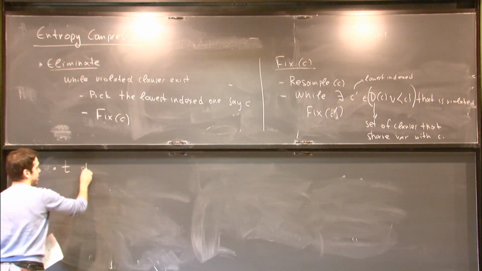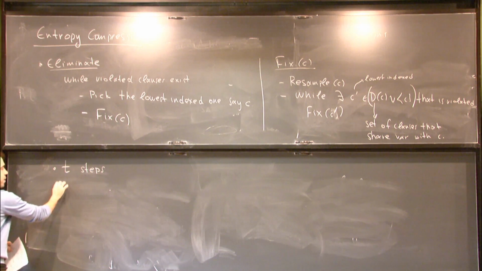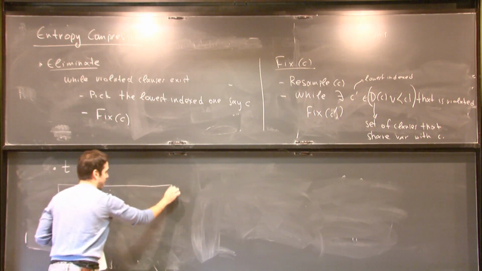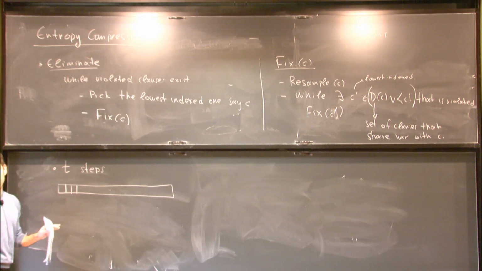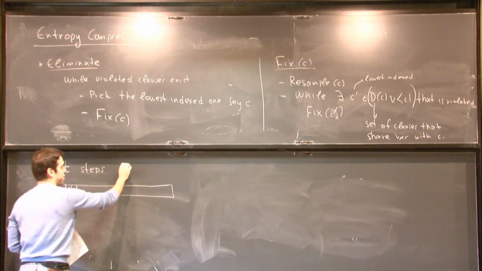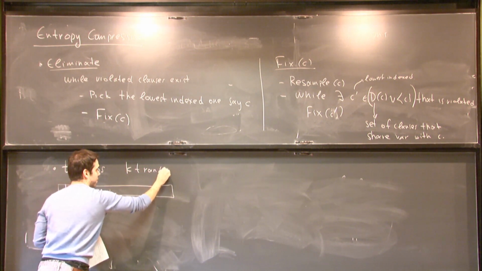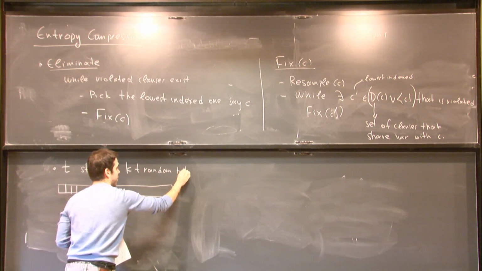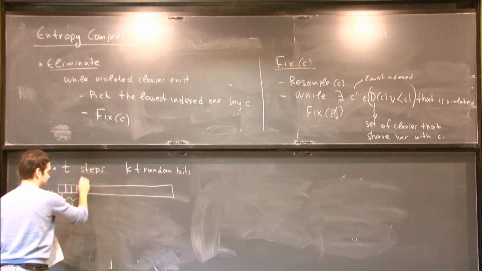Here's how I'm going to do that. Imagine that before I even start running the algorithm, I choose kt random bits beforehand.